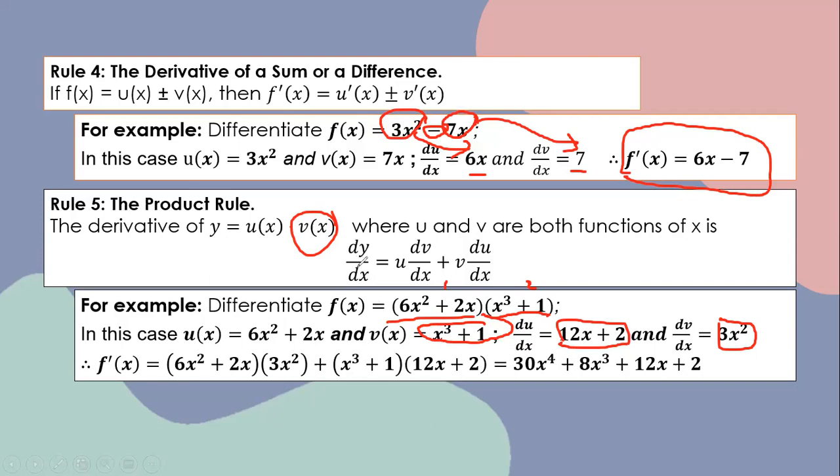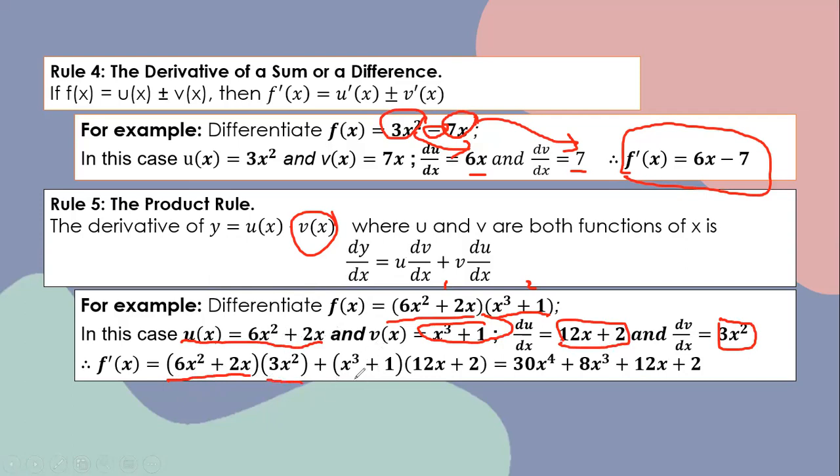Alright. So sabi, ang derivative daw ng product ay, okay, copy yung u, yung unang function. That is 6x squared plus 2x. Multiply mo dun sa derivative nung katabi niya. So that is 3x squared. Hindi pa po tapos.